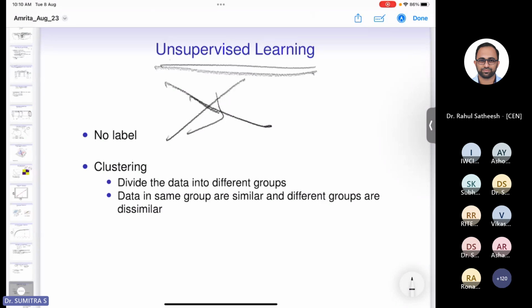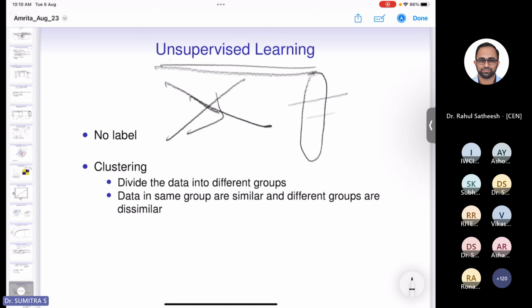Given some data where x may be a vector, the algorithm has to divide it into different groups. Just as I said, a child divides fruits into different groups by looking at color, smell, shape, or something according to the senses. A very small baby cannot do it, but a 4 or 5 year old may be able to.